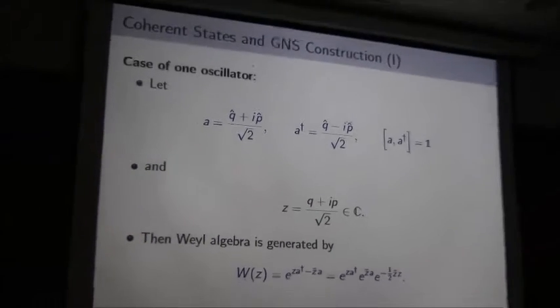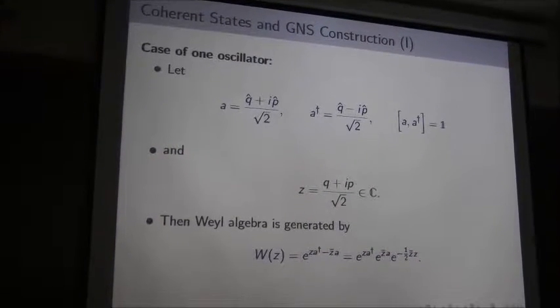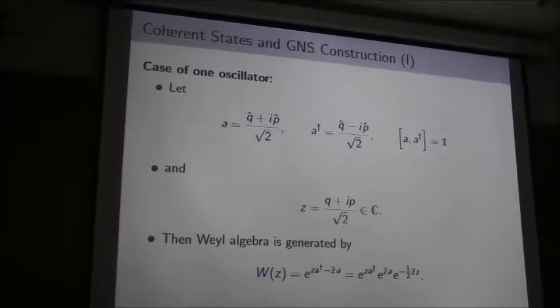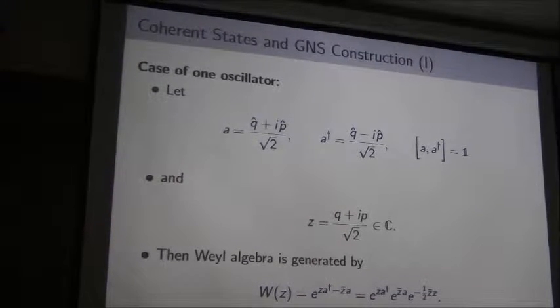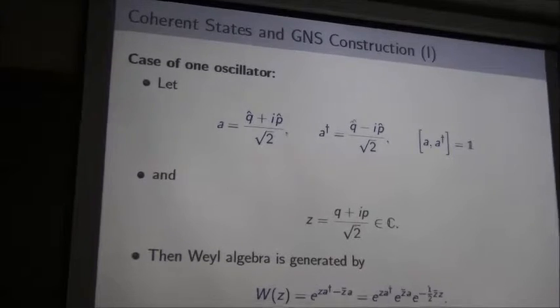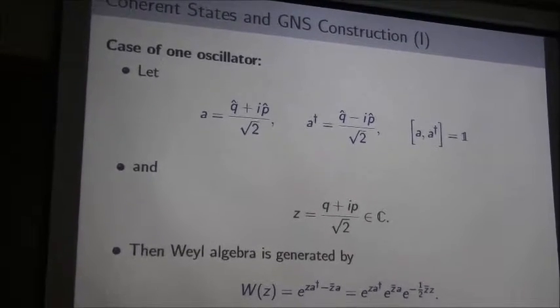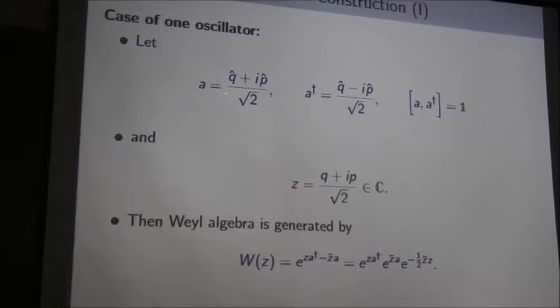So the starting thing is, I want to remind you of very elementary results regarding quantum mechanics, and in particular, the so-called Weyl algebra, which is more appropriate to discuss quantum mechanics. So, what is a Weyl algebra?